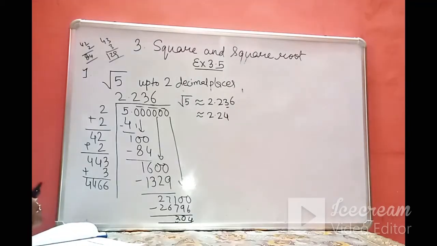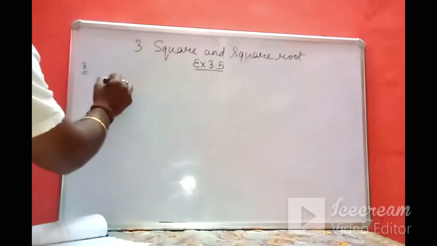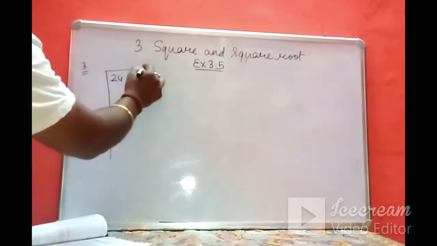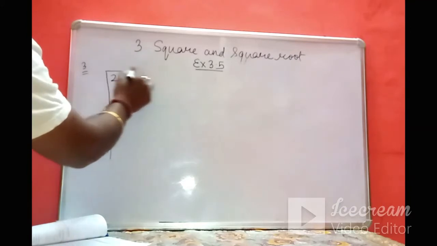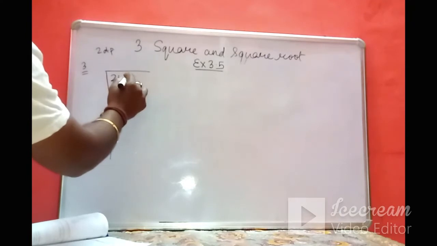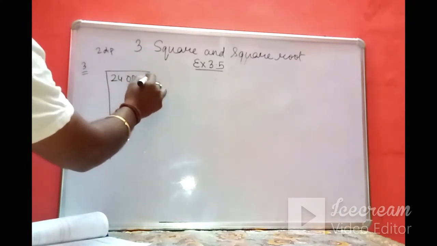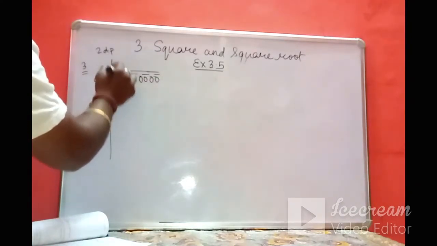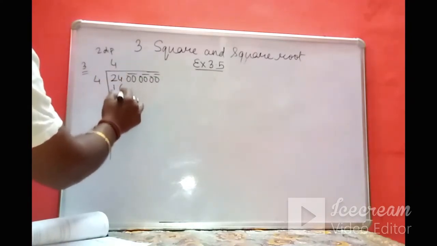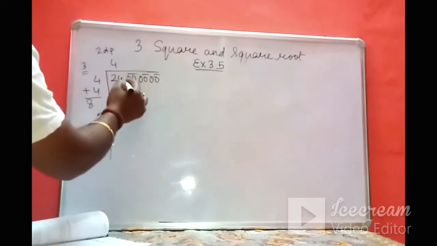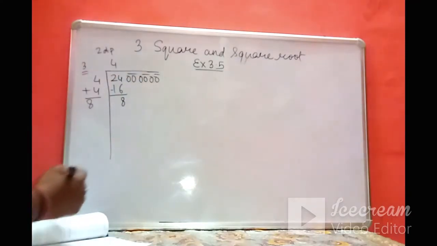Then let's discuss another question, 24. So again, we will use the long division method, and since again we have to find it to 2 decimal places, after the decimal I will make 3 pairs of zeros like this. Then 4 into 4 is 16. We will subtract, I will get 8, then plus 4, 8, and since the decimal starts, I will put a decimal here.